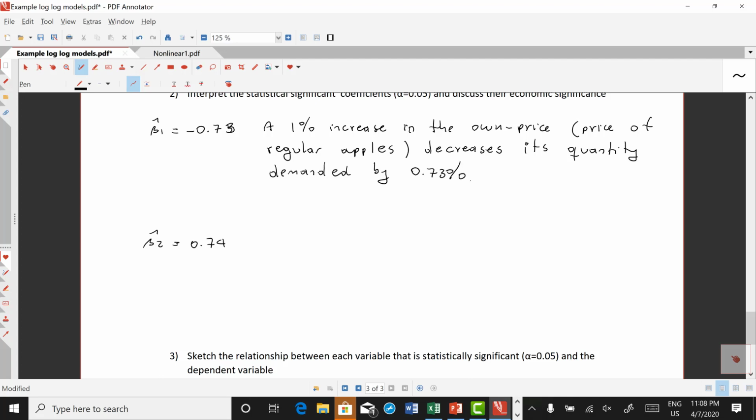Okay, so this is what's called the own-price elasticity.